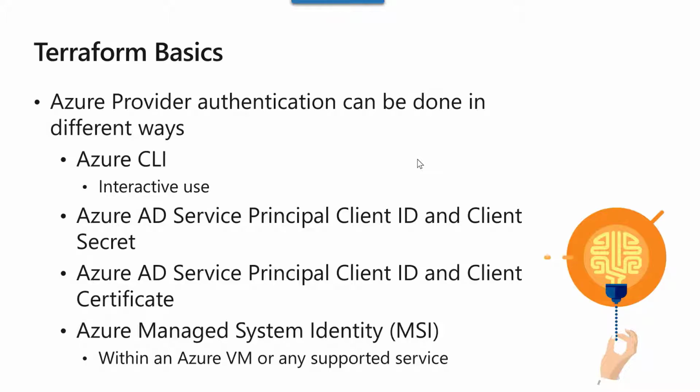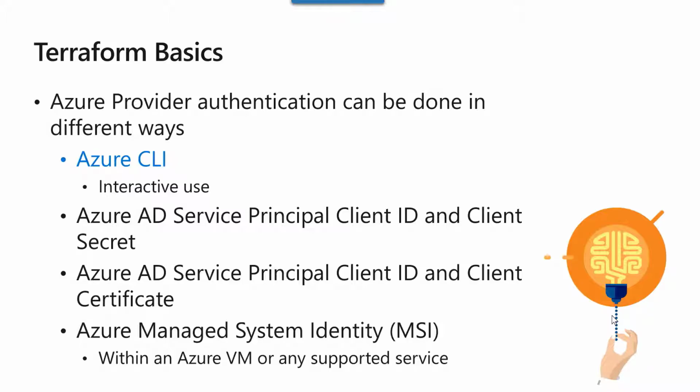In that case, you don't specify anything other than just one parameter, which can be specified as part of the provider block within the Terraform configuration. For all the demo purposes here, I'm going to use Azure CLI, which I've already mentioned.